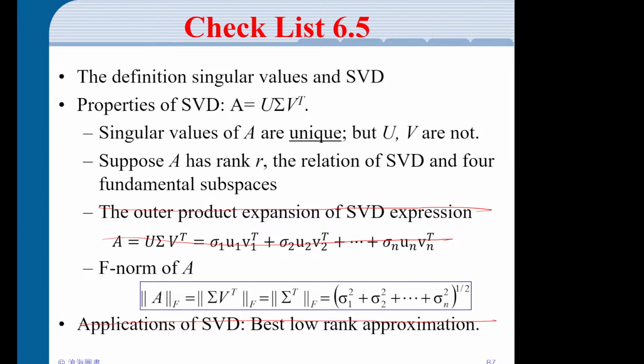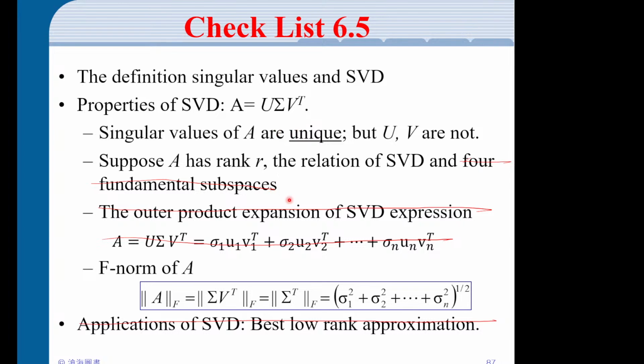And whatever fundamental spaces, we don't talk about. But yes, the singular values are unique, and U and V not quite, because you have a lot of degeneracy, a lot of zero space.